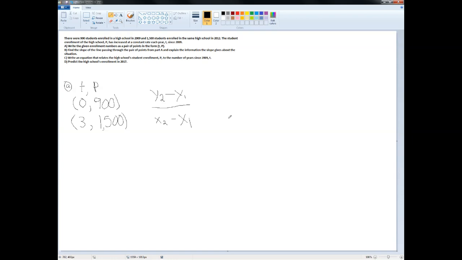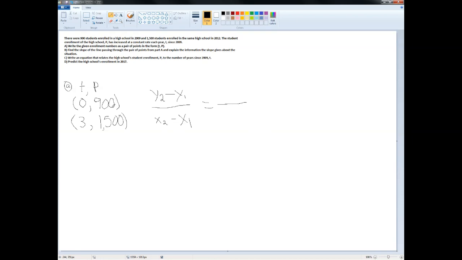You're going to use that to come up with a ratio. I'm not going to do it for you. You will have a number here and a number there. You can even reduce it. So that is how you find the slope: y2 minus y1 over x2 minus x1.